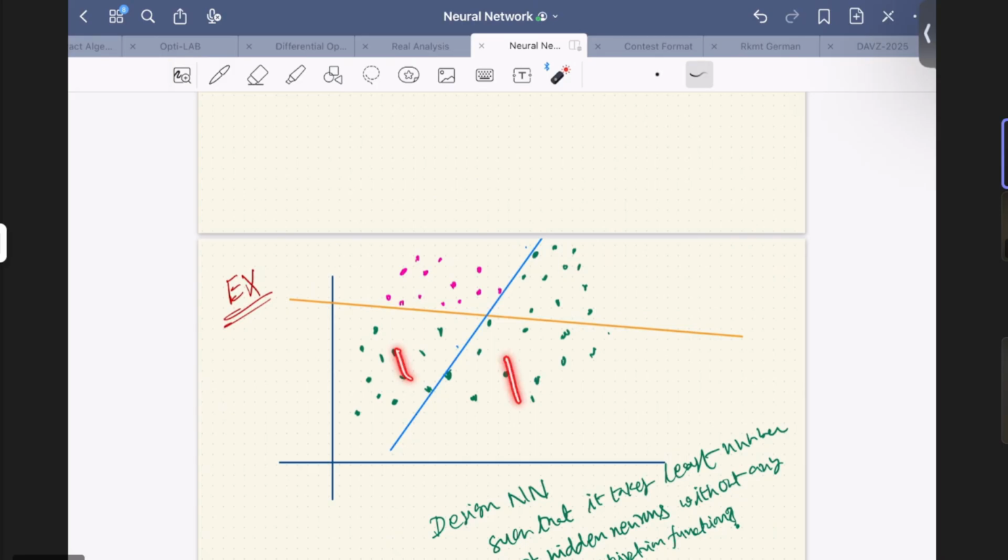Let's say this is one and the other region is the zero category. Or otherwise, you can say this is one, these three are some other category. Now the question is, how do we get these two line representations, which exactly give four regions, so we can separate out whatever comes in this region, this region, this region, and this region?